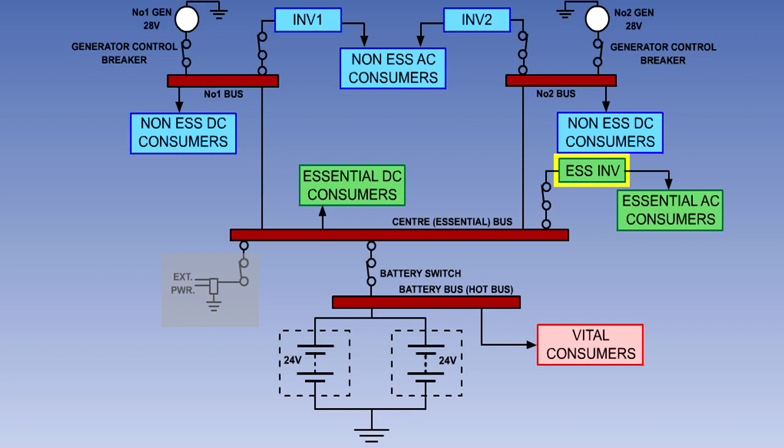Essential AC consumers are supplied by the essential inverter, and so it is supplied with DC from the DC Essential Services busbar. Numbers 1 and 2 inverters, powered by DC from the numbers 1 and 2 DC busbars, supply the non-essential AC services.